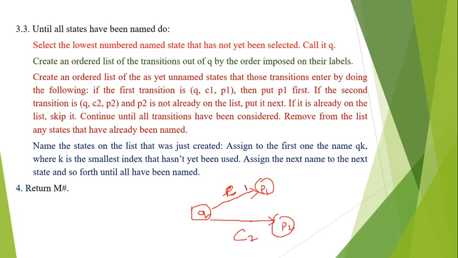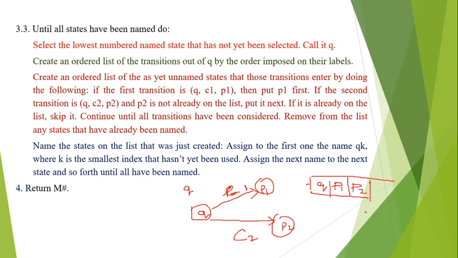First I take the first one and next the second one. Q is the lowest numbered state I'm going to consider, and Q on C1 goes to P1. So you put Q in the list, next you put P1 in the list. Since Q has one more transition, put that one for later.